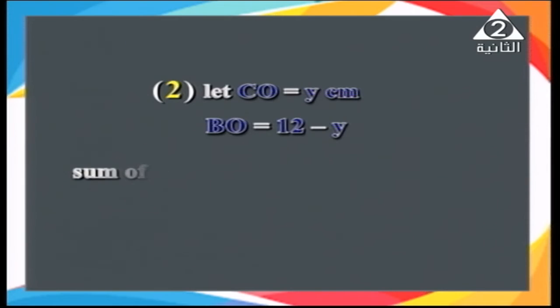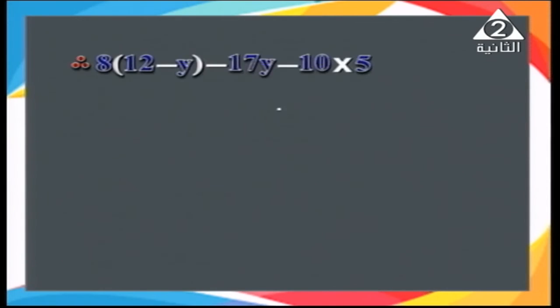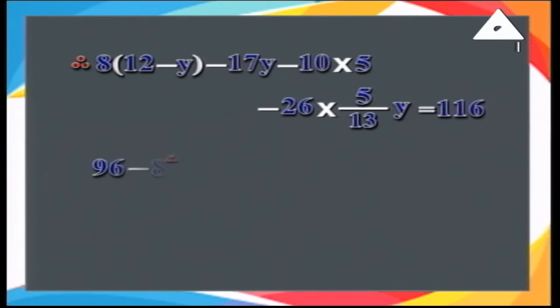Also, let CO equal y centimeter, so BO equals 12 minus y. Sum of moment about O equals 116 Newton centimeter from the given. Then, my dear student, 8 times (12 minus y), negative 17y, negative 10 times 5, negative 26 times 5 over 13 y equals 116.